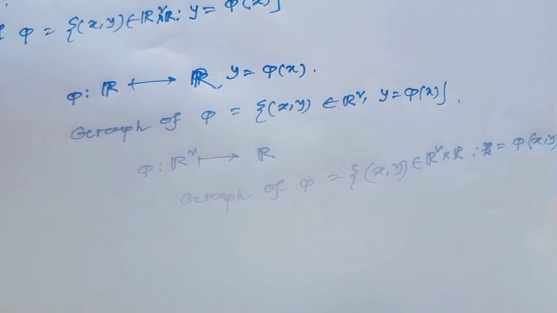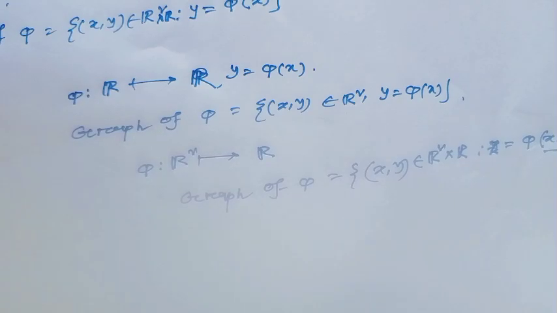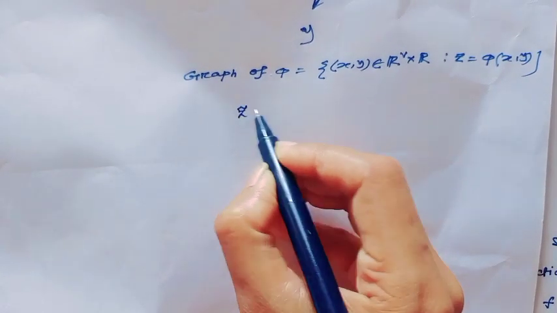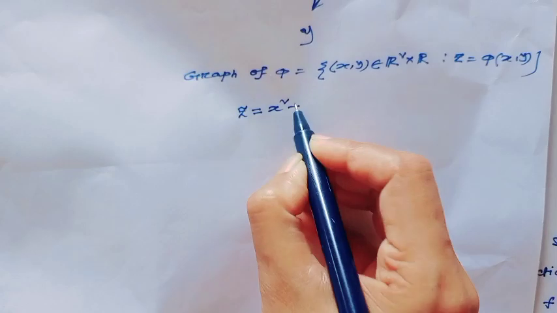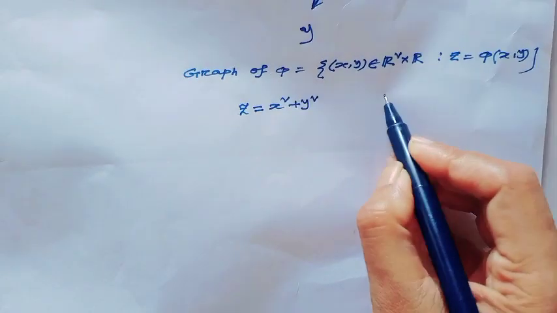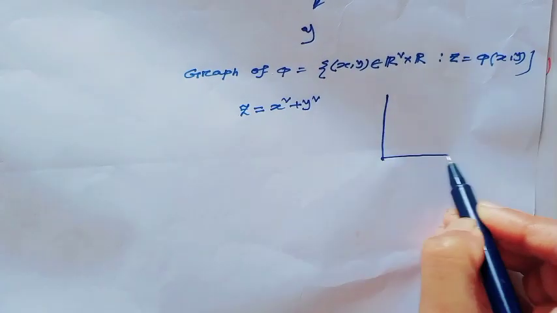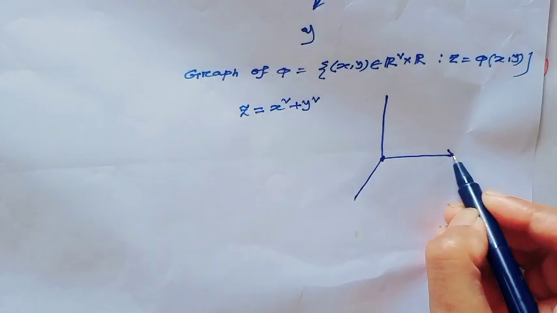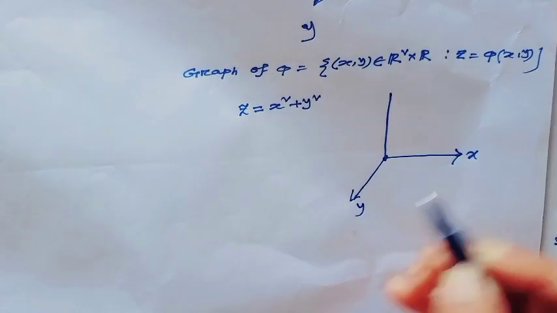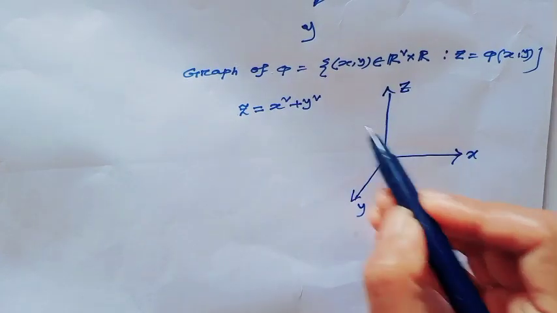Obviously this (x, y) is a vector. As an example, if we consider z equals x squared plus y squared, this looks like a paraboloid. This is the x axis, this is the y axis, and this is the z axis.